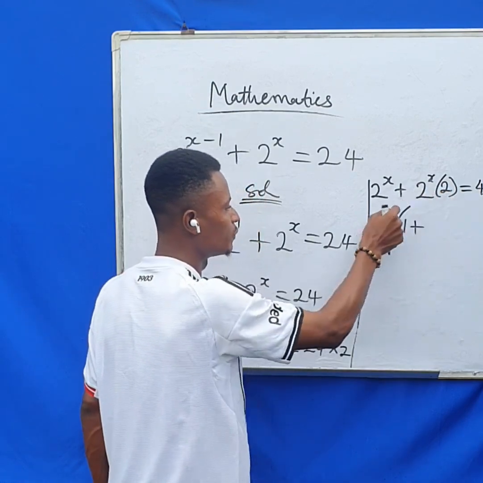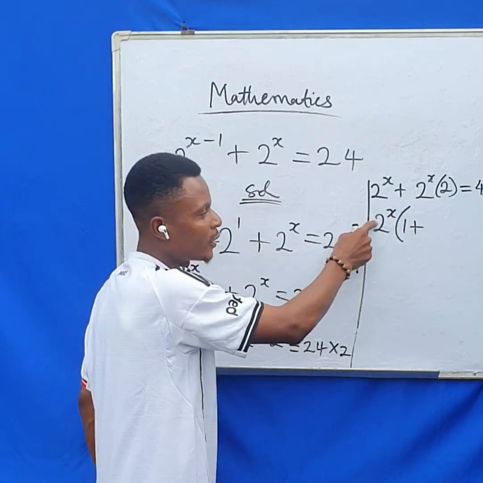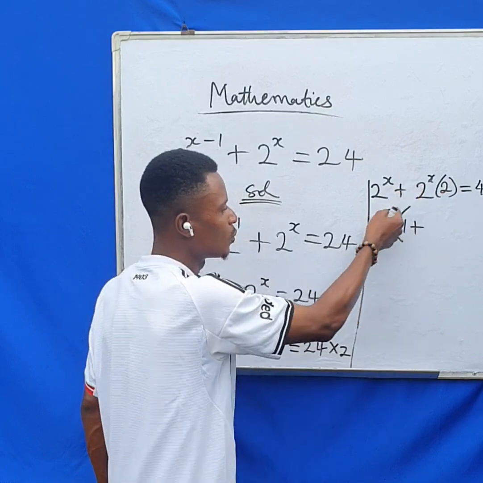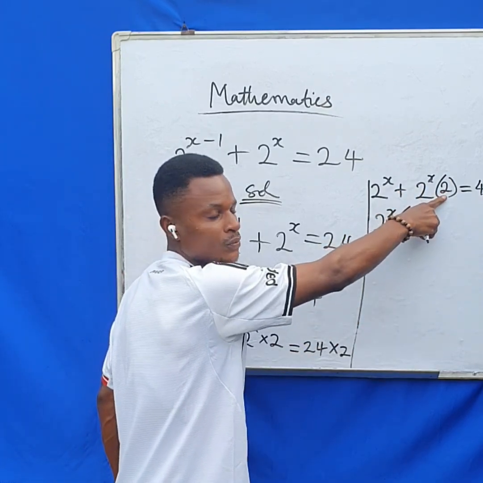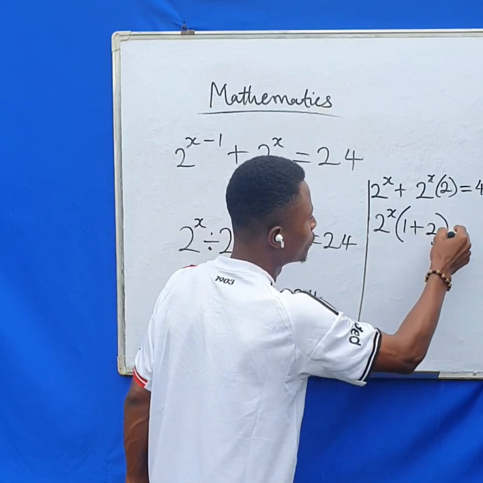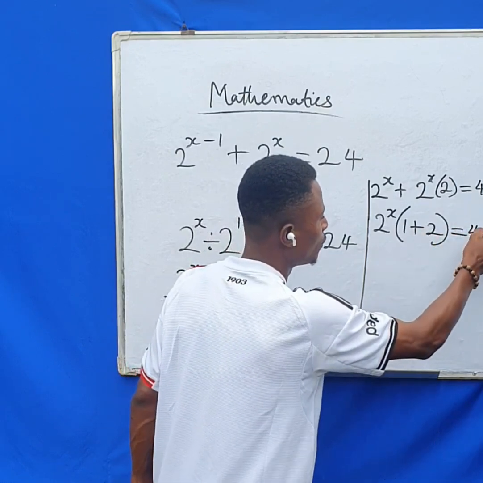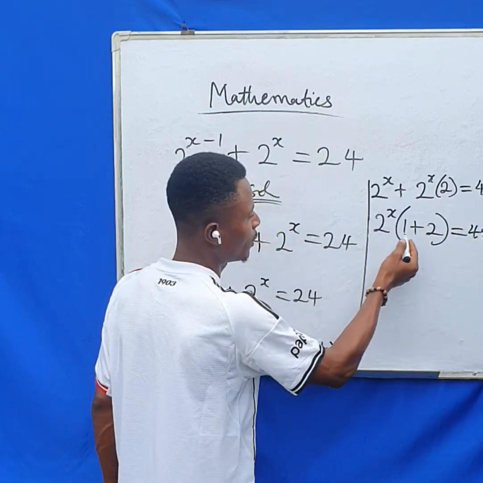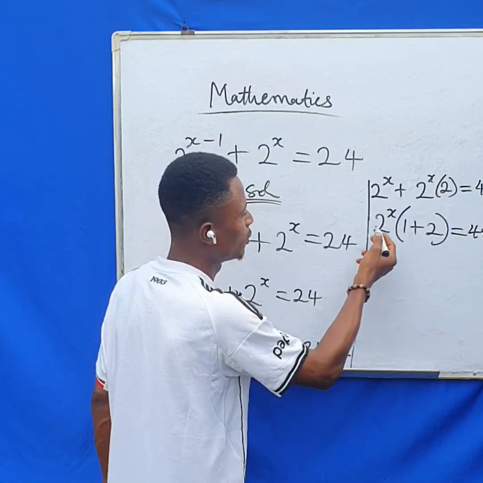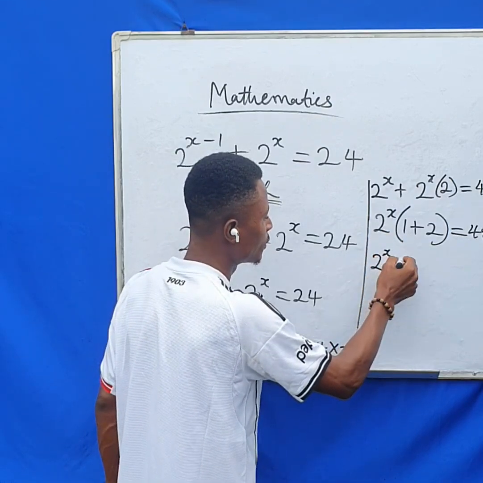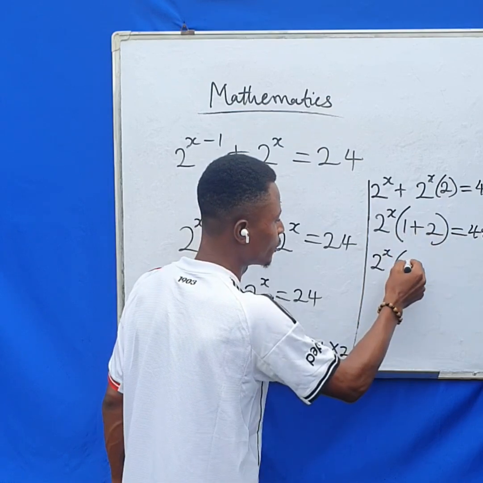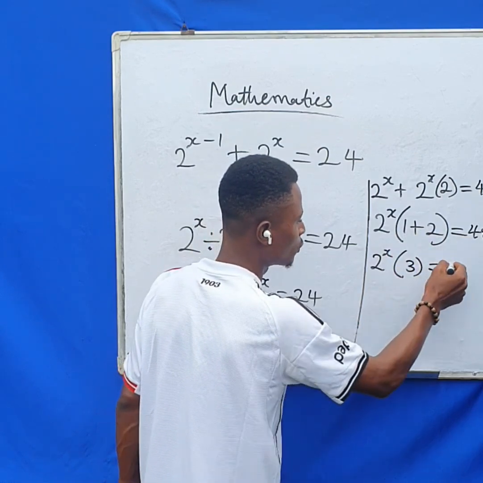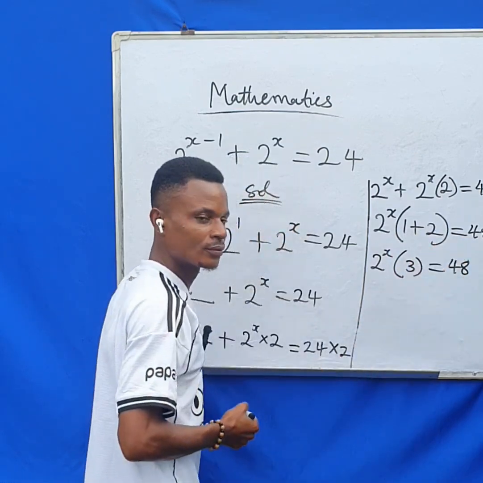If you divide this by 2 raised to the power of x, the 2 raised to the power of x here will cancel the 2 raised to the power of x here, and we are going to be left with only this 2. Then equal to 48. Now let us add what is inside the bracket, to have 2 raised to the power of x times 1 plus 2, which is 3, equal to this 48.